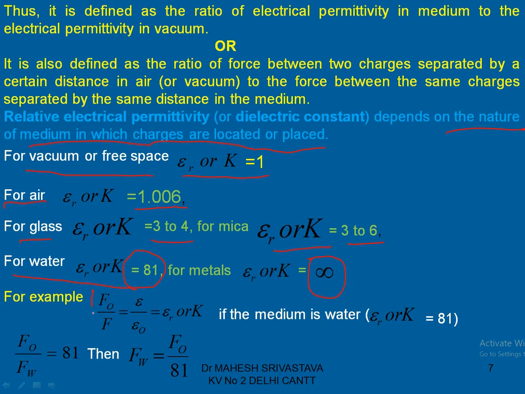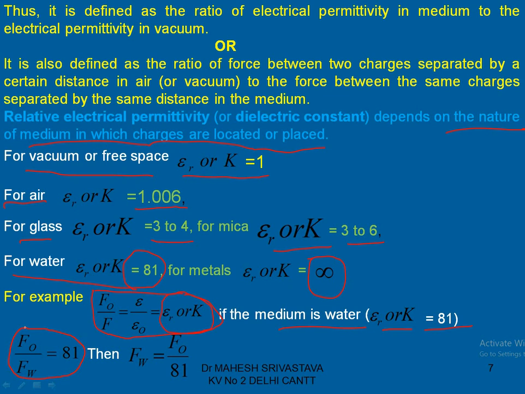I just remind you, this is F naught upon F equal to epsilon upon epsilon naught, which is equal to epsilon r or capital K. Now if we take a medium water, the value of relative electrical permittivity or dielectric constant is 81. So you substitute 81 here, then the formula becomes F naught upon Fw equal to 81.